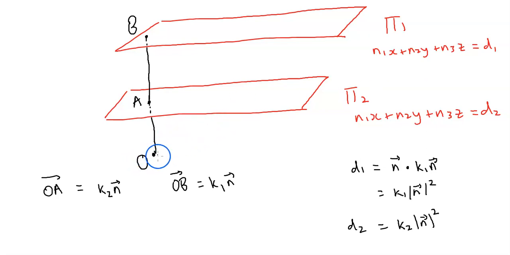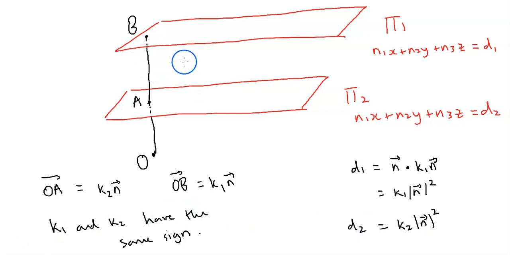And clearly, if we have the origin on one side of both of the planes like this, then K1 and K2 have the same sign. So that means that D1 and D2 have to have the same sign. On the other hand, if instead we had the origin in the middle like this, then this would be K2 times n.